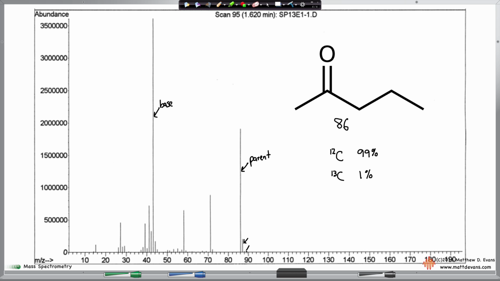I think I can see a tinier peak right there, and maybe there's a chance that our molecule with 5 carbons has 2 carbon-13s. That would be 2 atomic mass units. I don't know what the isotopes of oxygen are, but there are some oxygen isotopes as well that could be influencing the height of this peak. So those isotopes are what we're seeing.